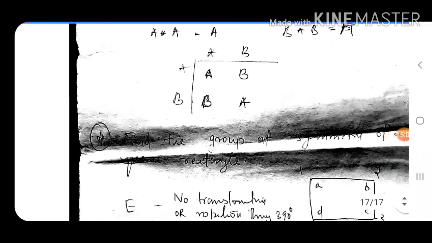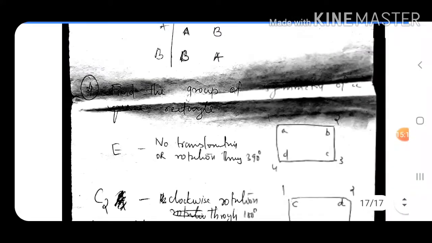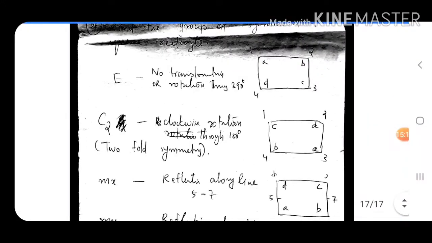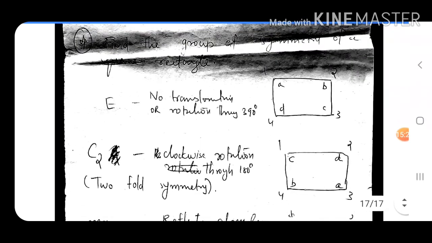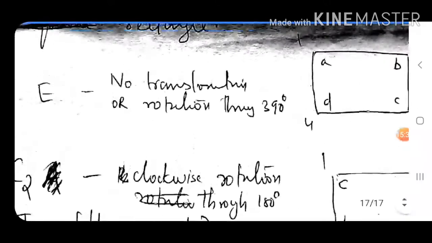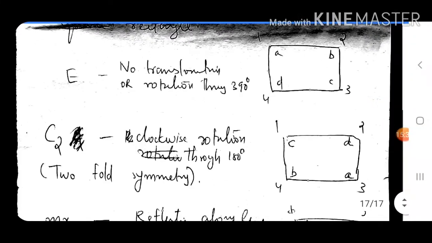Now we see the group of symmetry of a rectangle. This has to be done as an assignment. We have the rectangle like this, with corners 1, 2, 3, 4 and A, B, C, D. The identity element is no transformation, or rotation through 360 degrees.